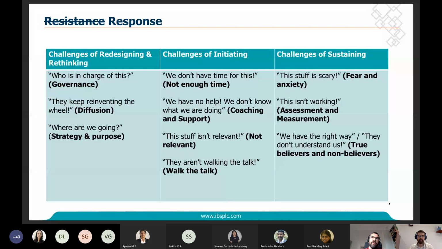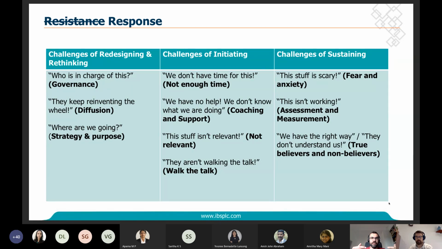Here we're only highlighting the actual responses, but there are many different strategies to overcome the different responses that you're getting. There are certain strategies for when the response is about not enough time, some others for coaching and support, etc. But what we wanted to point out was to be empathetic with yourself first.